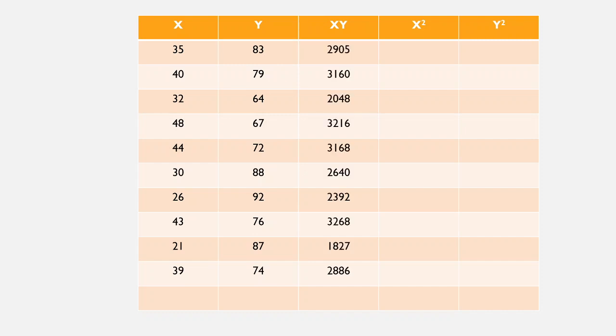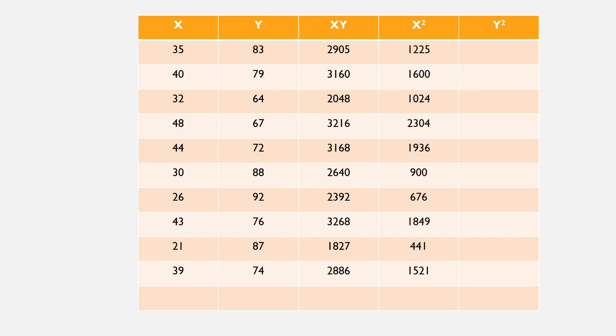So you can complete that xy column first, which every value in that column is just the x times y value in that row. So you multiply for every participant their x score by their y score, and you do that for all 10 participants.